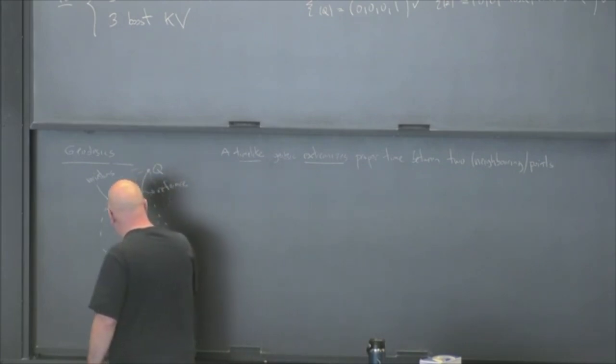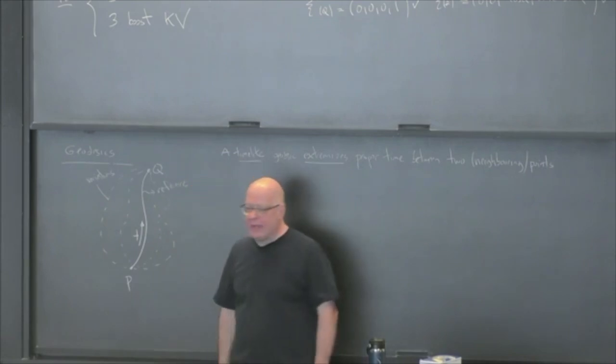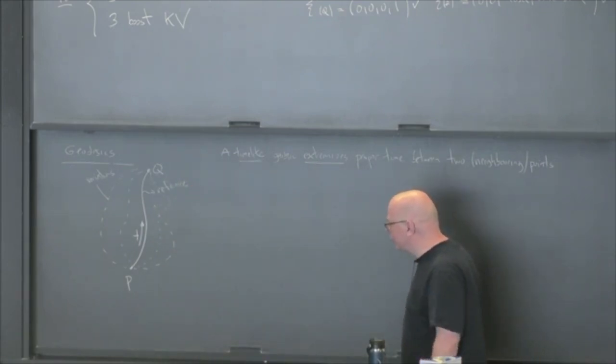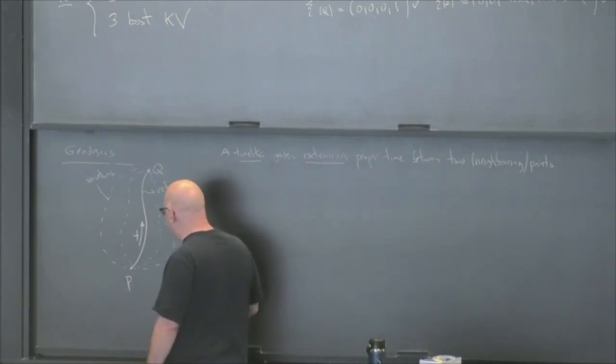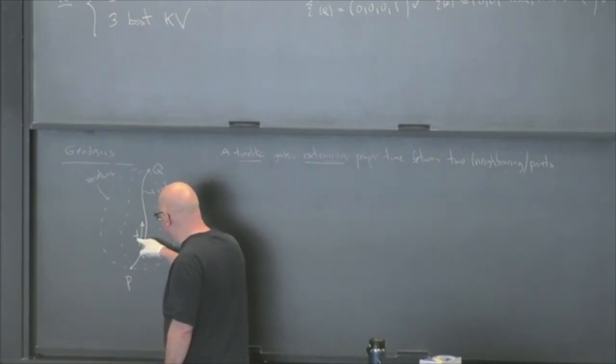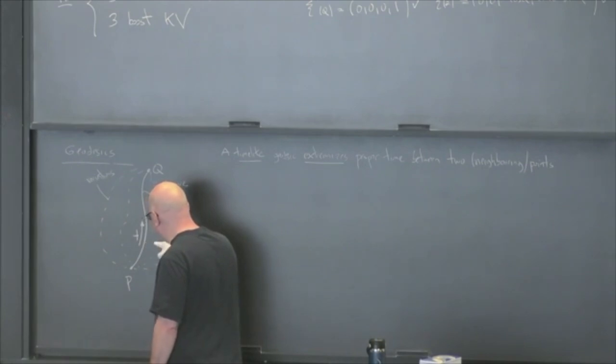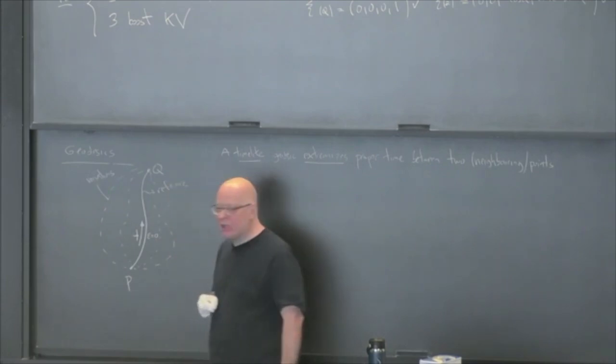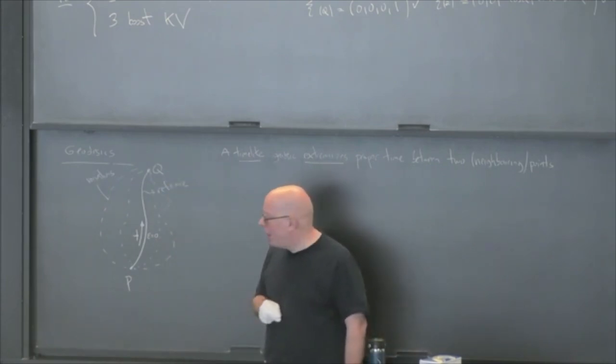So the parameter that's going to be running up the curve, I'm going to call t, and that's just an arbitrary parameterization of the curve. And then the thing that distinguishes the reference curve from the other ones is that the reference curve is going to have a label that we're going to call epsilon, and it's going to be 0 on the reference curve.